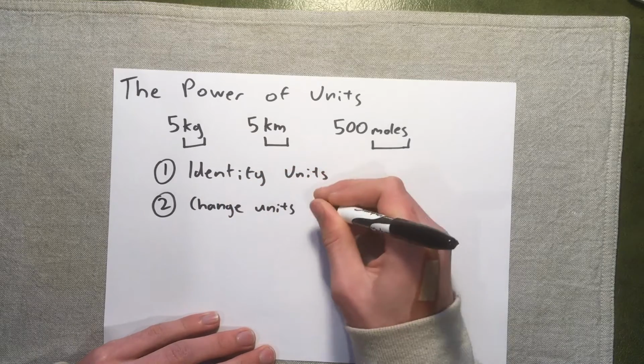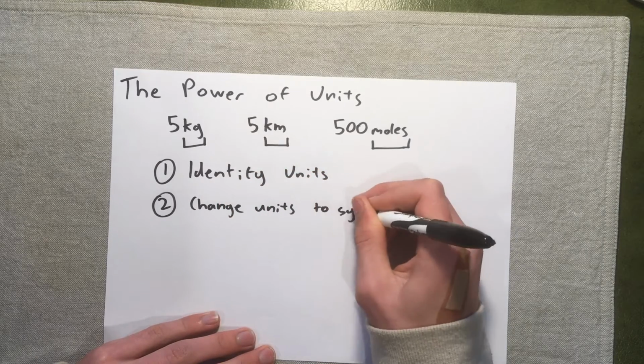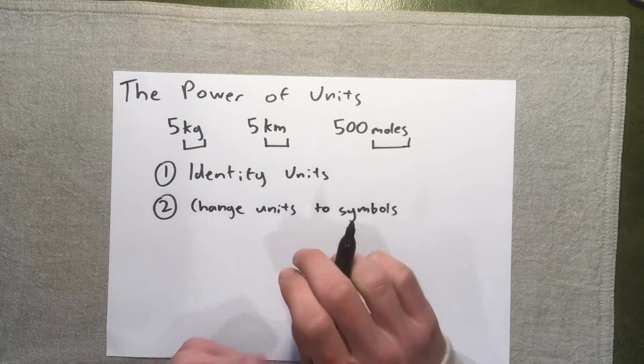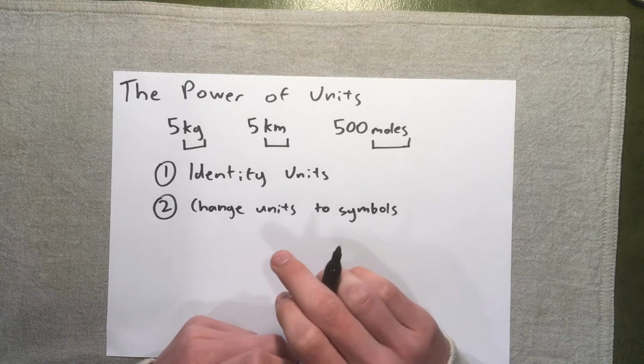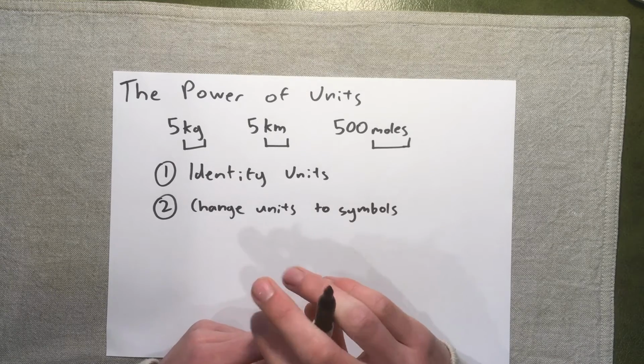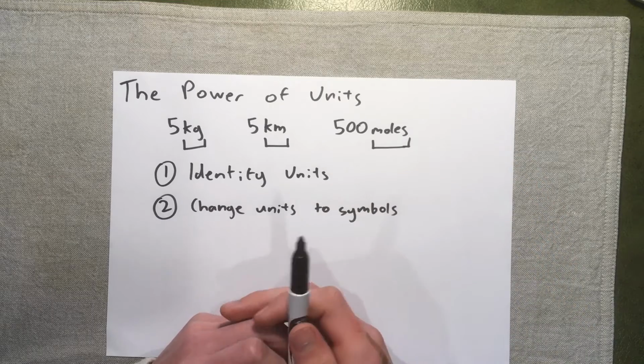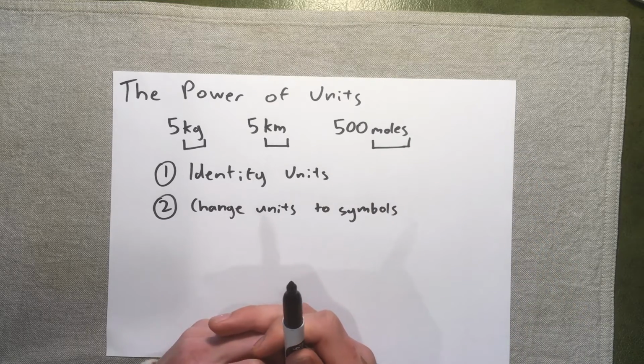to symbols. This is going to make more sense later, but for example, in a formula you're not going to get given kilograms. Often, you'll end up solving and getting an answer in grams or micrograms or whatever.